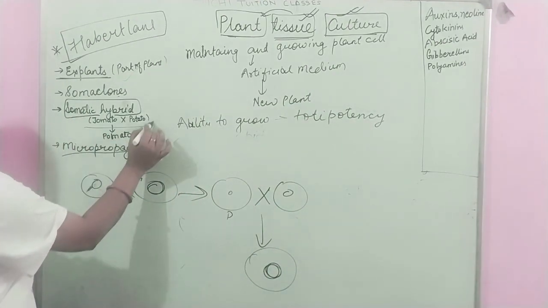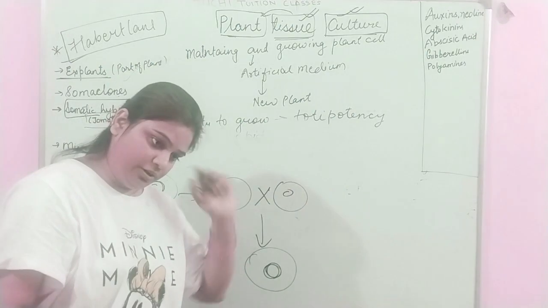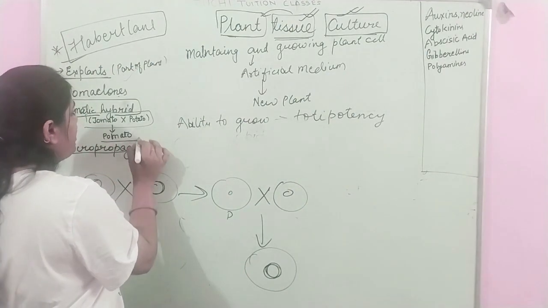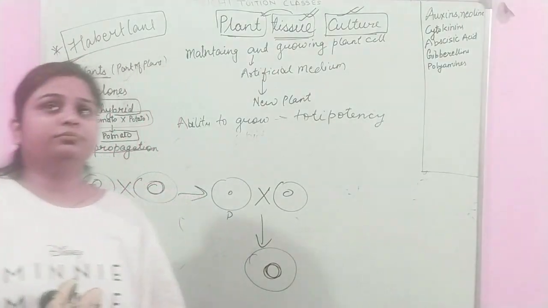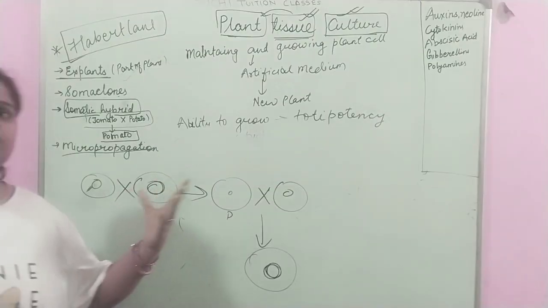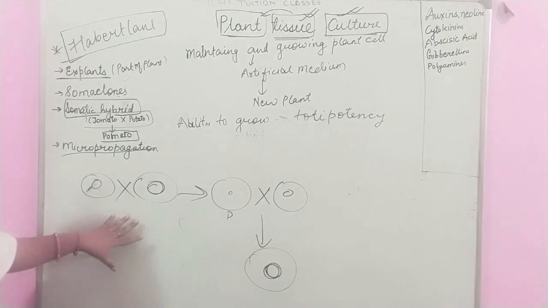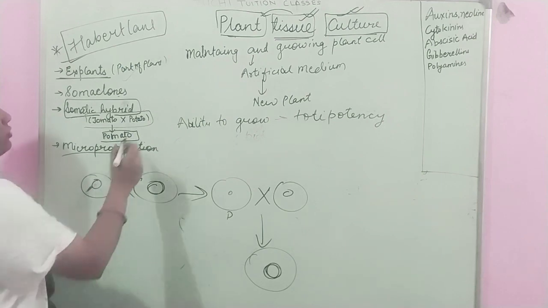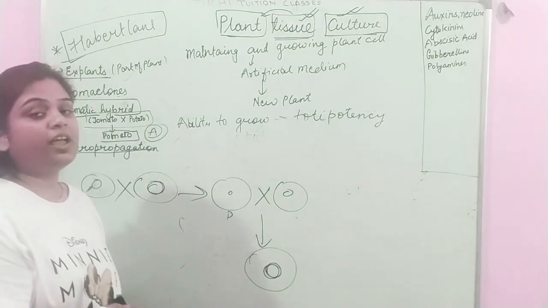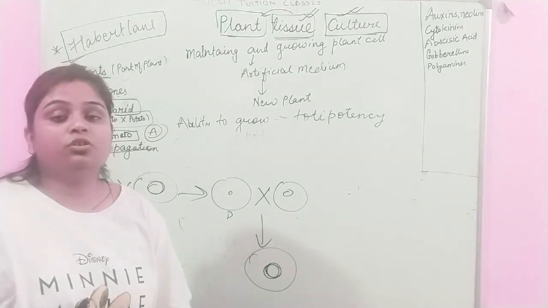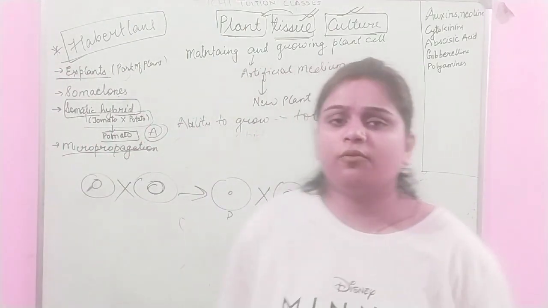Like in one plant, tomato and potato are cultured together to get a tomato. You can say like in animals also this is done, cloning. Like that, in animals hybrid species exist, so in plants this is also done. It was not 100% successful, but it was successful.